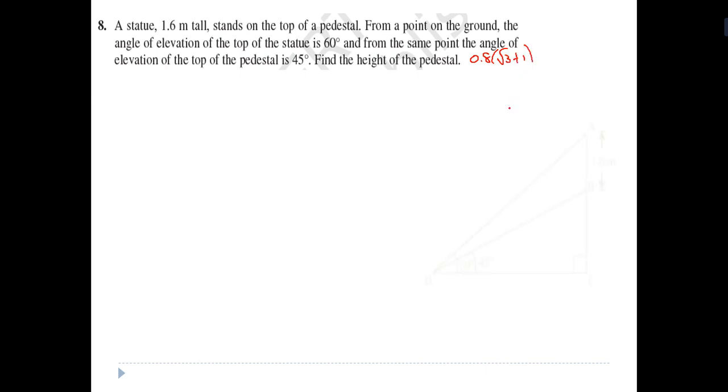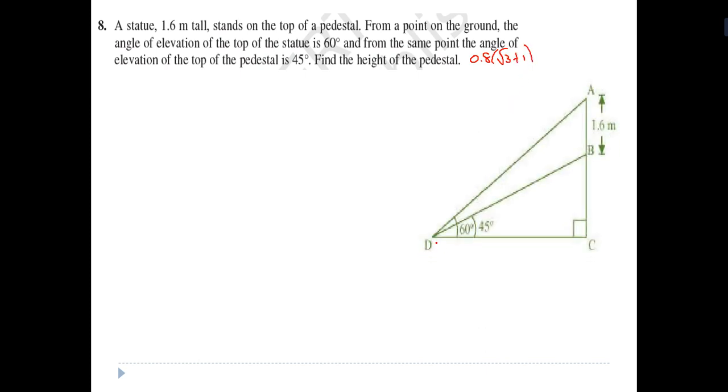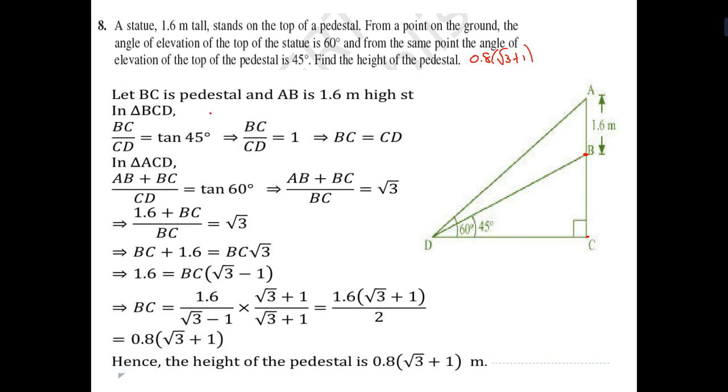First of all, we'll draw the diagram. Again, here ABC, where BC is the height of the pedestal, and here is the statue, and the distance. Whatever I am doing, the same thing they are doing.